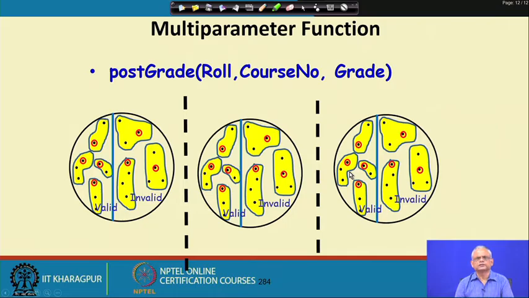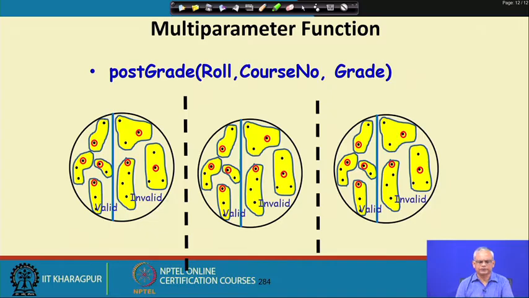But so far we have been looking at the simple case of a unit taking just one parameter. But what happens if a unit takes multiple parameters?